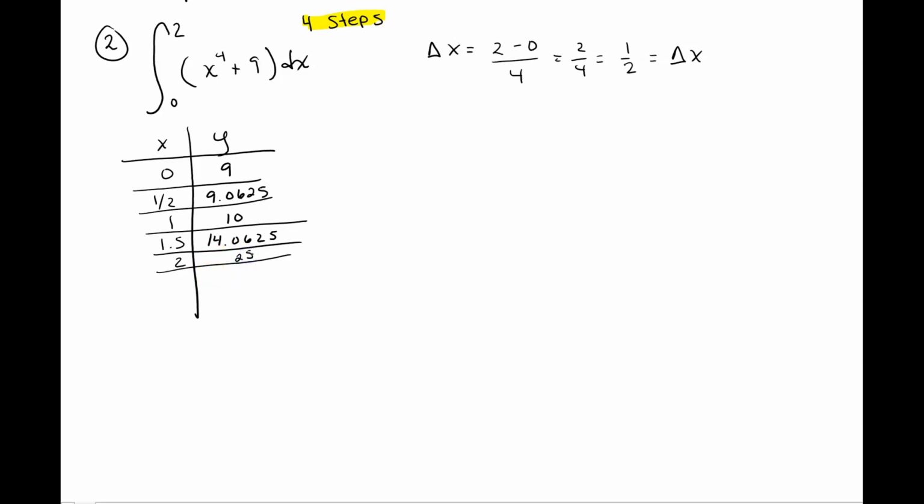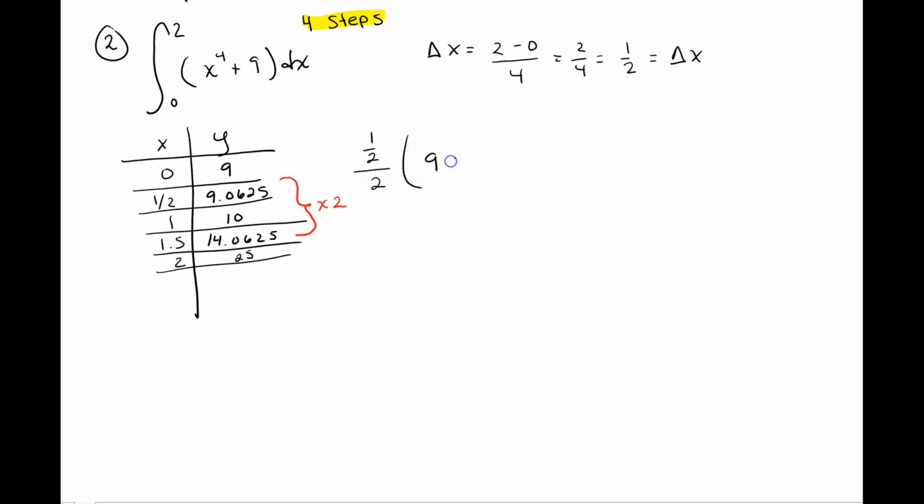So we've got our values, and now again we take our delta x, 1/2, and we divide that by 2, and we multiply it by the sum of the numbers, except, again, these intermediate ones are going to be doubled. But the ones on the ends are single.